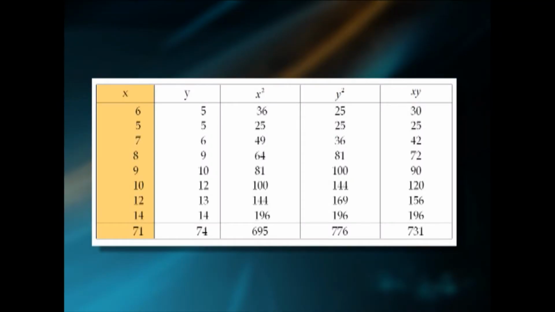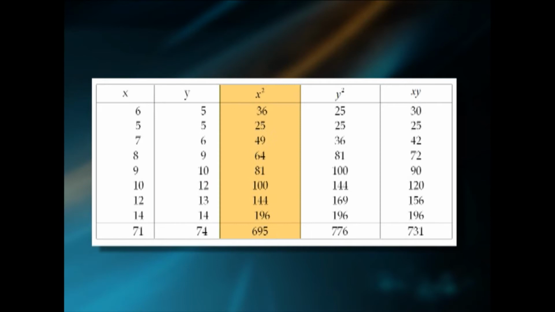X values 6, 5, 7, 8, 9, 10, 12 and 14 with a sum 71. Y values 5, 5, 6, 9, 10, 12, 13 and 14 with a sum 74.